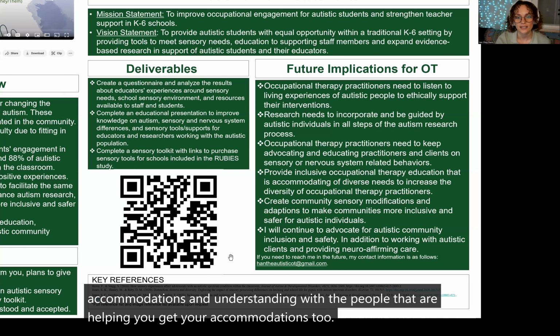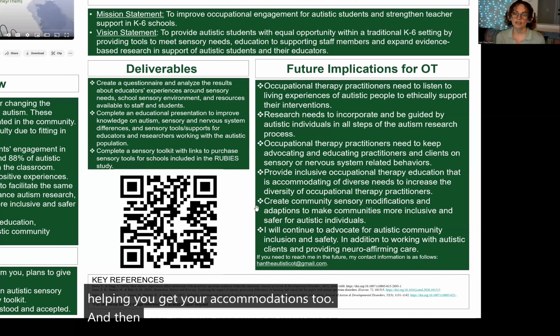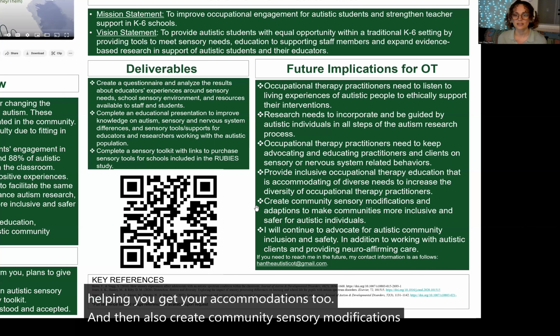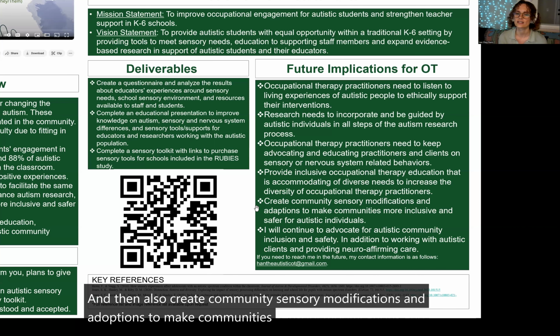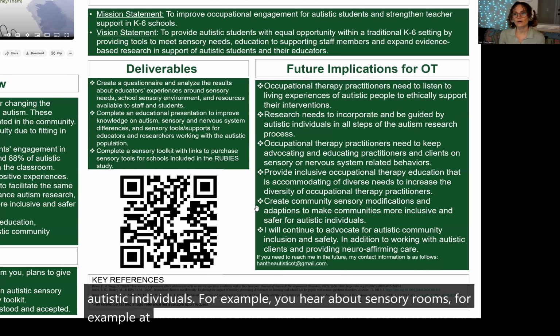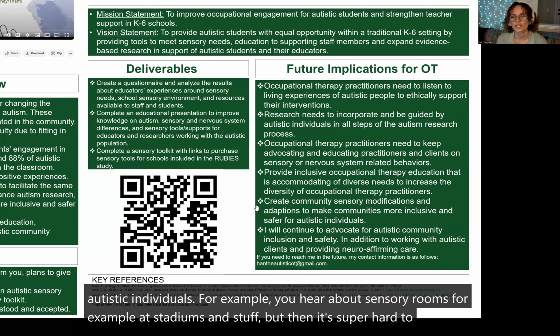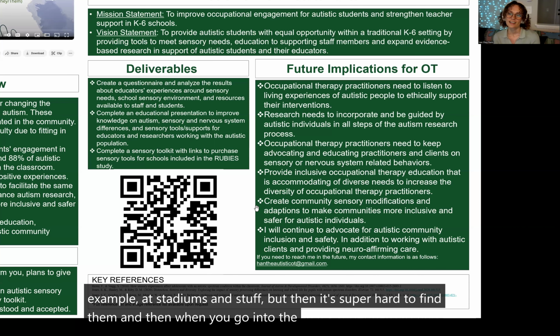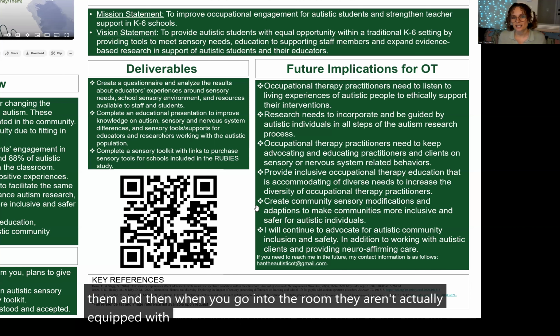And then also create community sensory modifications and adaptations to make communities more inclusive and safer for autistic individuals. For example, you hear about sensory rooms at stadiums and stuff, but then it's super hard to find them. And then when you go into the room, they aren't actually equipped with the supplies that are needed.